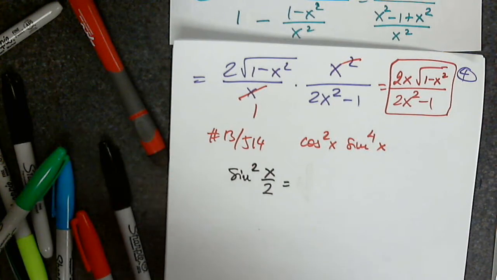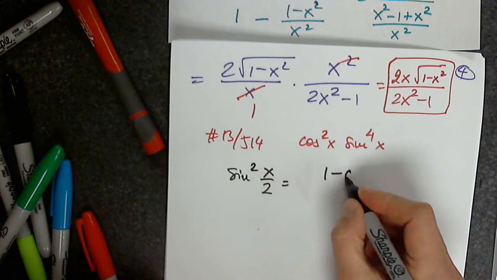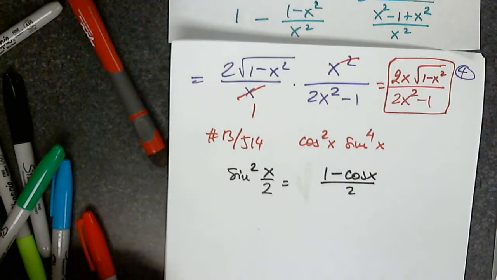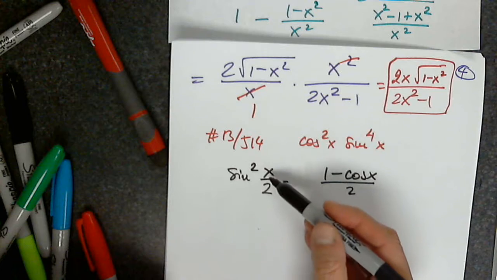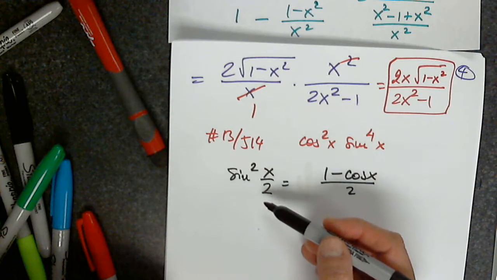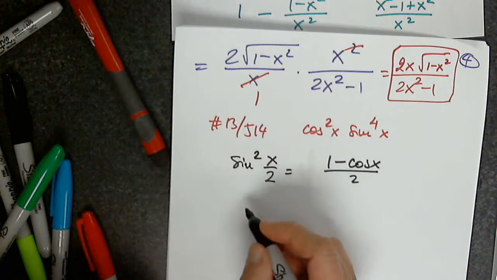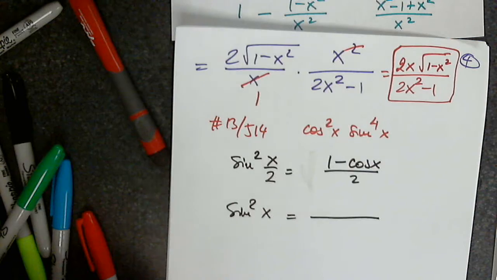Good. So sine squared x over 2 equals 1 minus cosine x over 2. We used this formula half an hour ago. If this is x over 2, I can rewrite this as sine squared x equals, and I want you to tell me what to write.